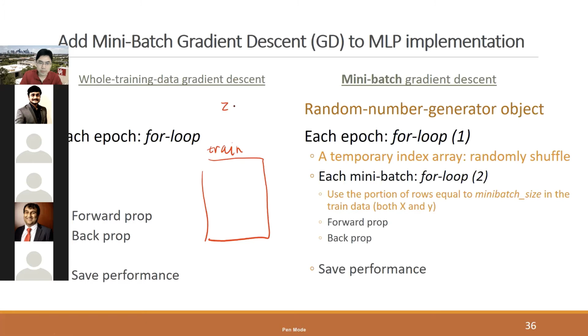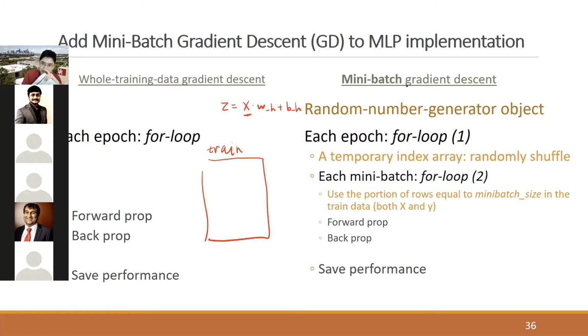The net input is calculating z, which is x times the matrix of the weight of the hidden layer plus the bias for the hidden layer. Okay. So you throw in the entire data set. We don't do anything additional to the training set.